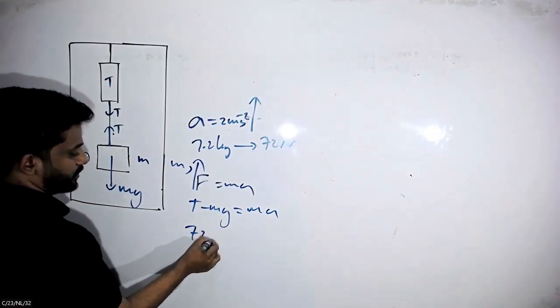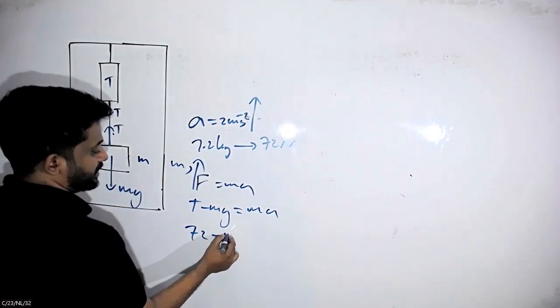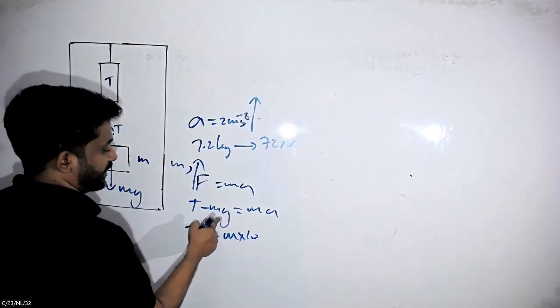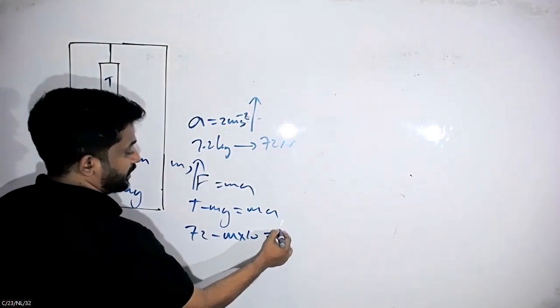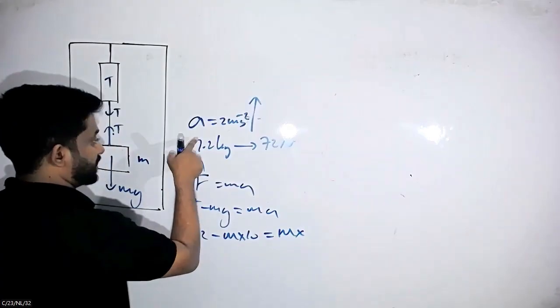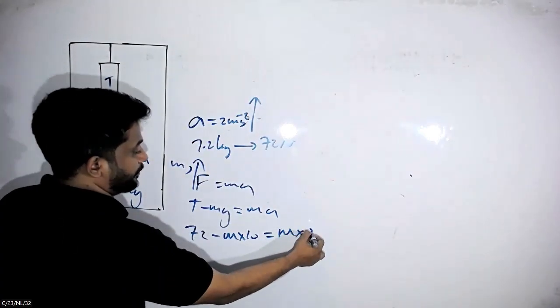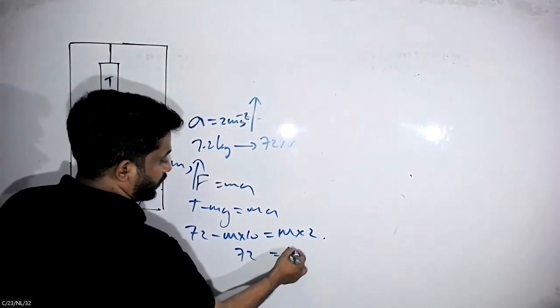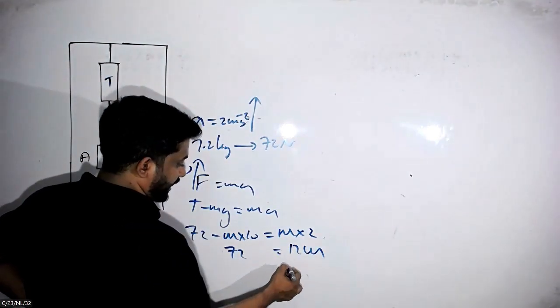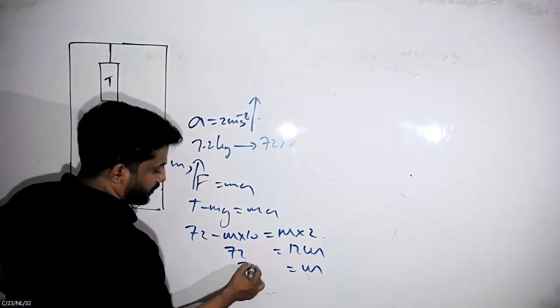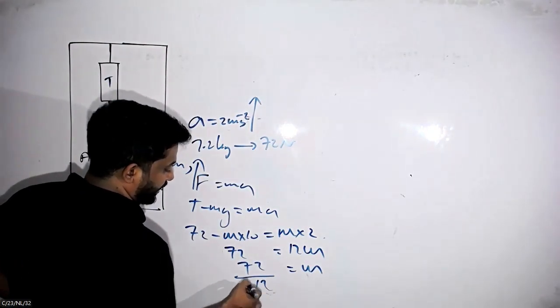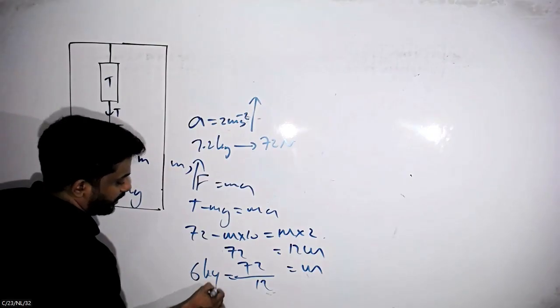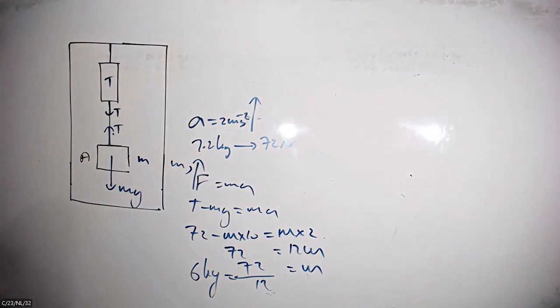Therefore, 72 minus m times gravitational acceleration 10 is equal to m times the acceleration, which is 2 meters per second squared upward. Therefore, 72 is equal to 12m. Then m is equal to 72 divided by 12, which is 6 kilogram. Now we have found the mass.